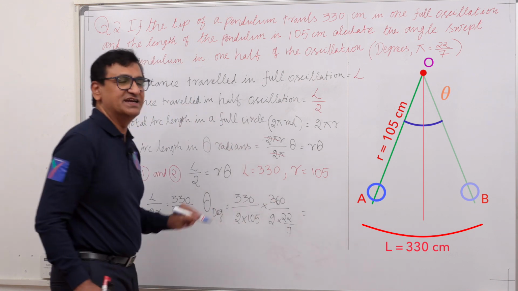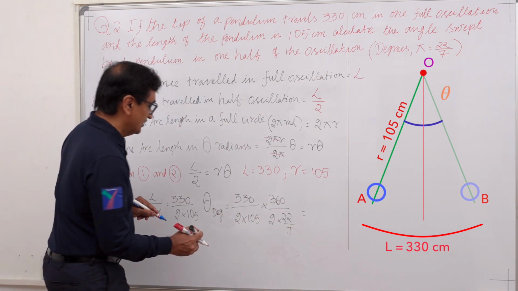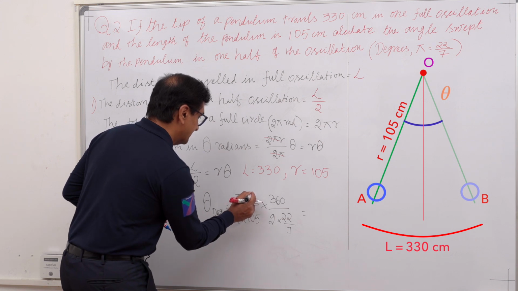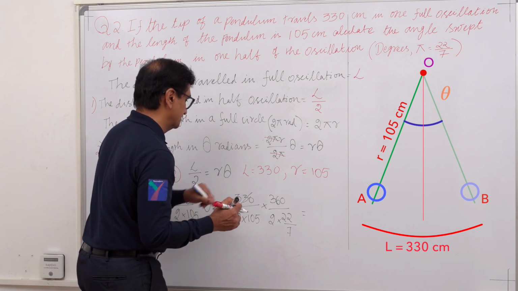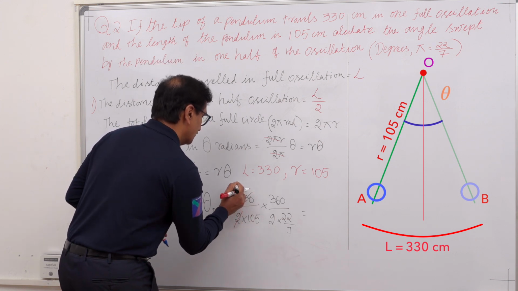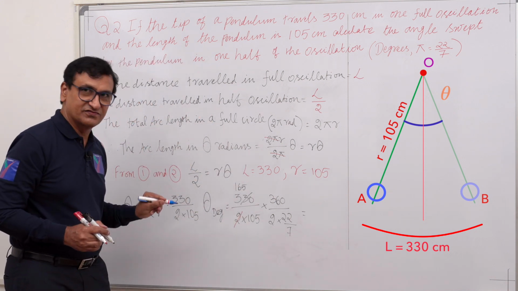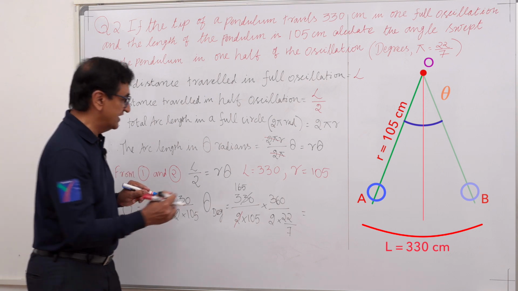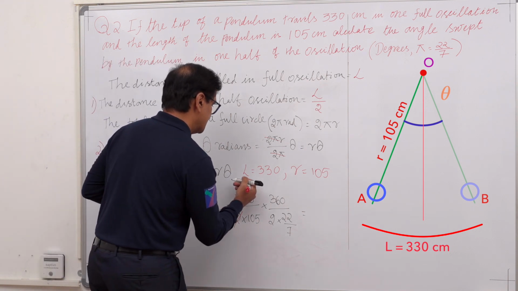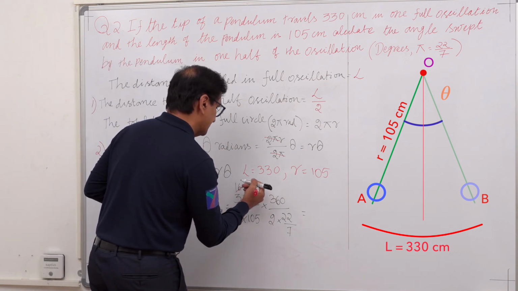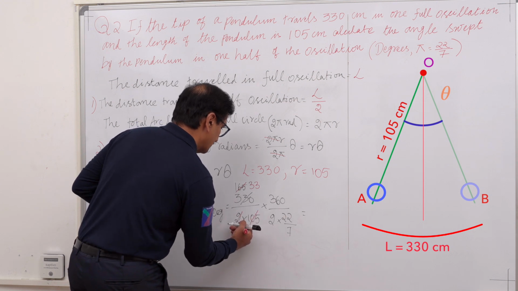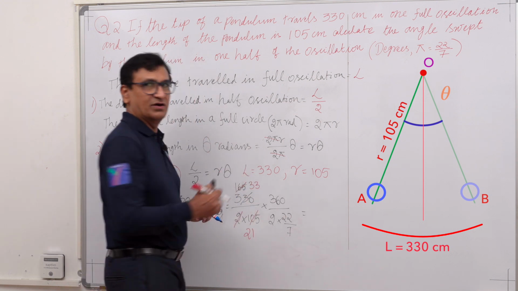So let us calculate this. Now, 330 divided by 2 is 165. Now, 165 divided by 105, divide both of them by 5, you will get 33 and 21.